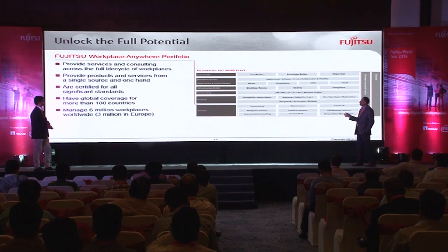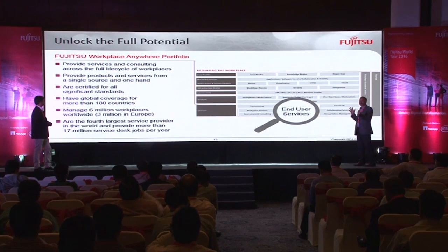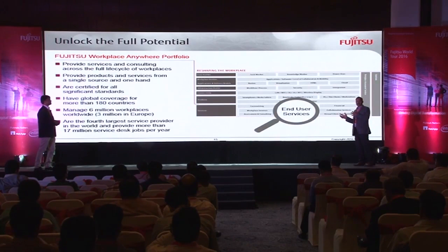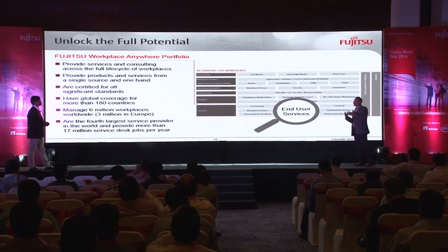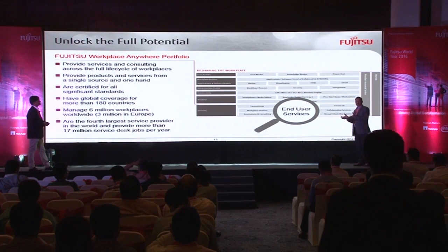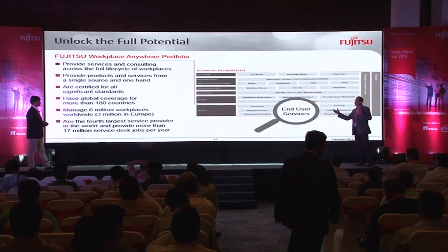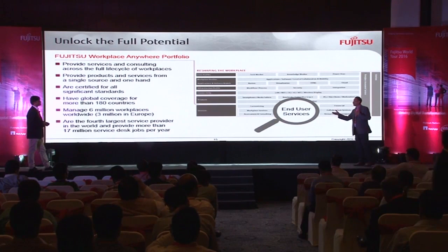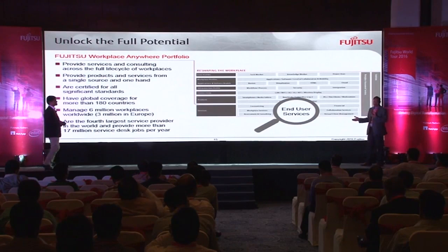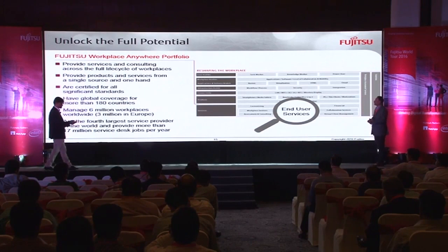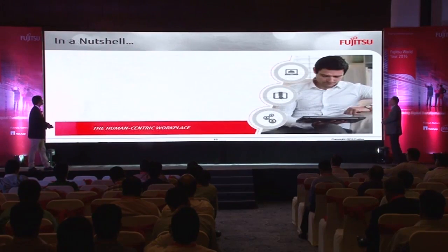This is combined with the solutions that we are giving through our enhanced infrastructure, which is supported by our data centers, our solution centers, the client devices, and application services as well.